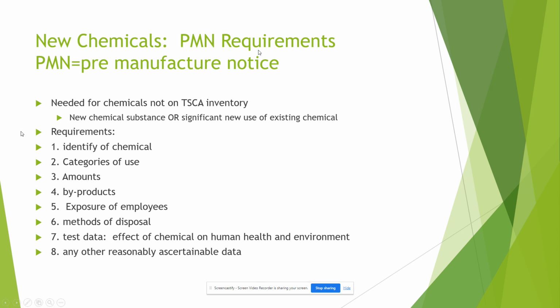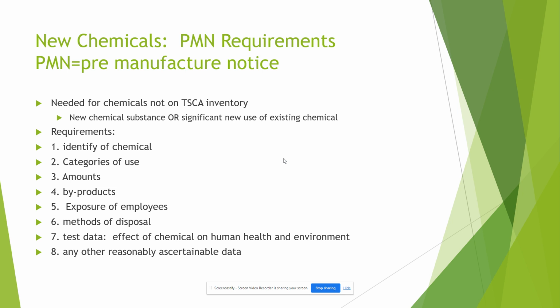your pre-manufacturer notice is required for chemicals that aren't on the TSCA inventory, or it's one of these significant new uses, right? That's the significant new use rule, or SNUR. Okay, and what's the chemical, right?